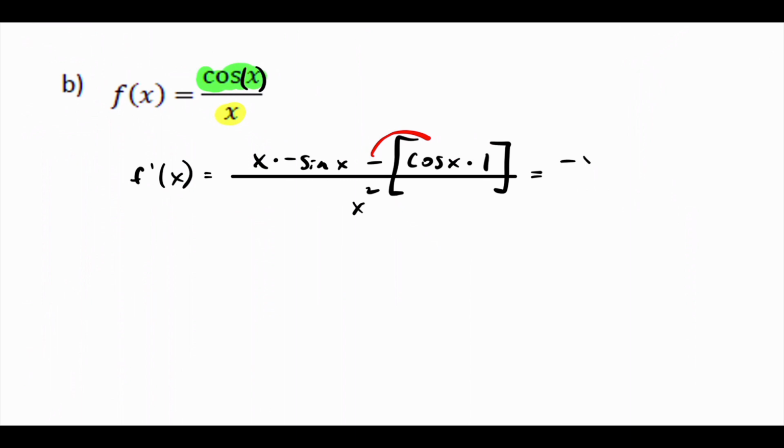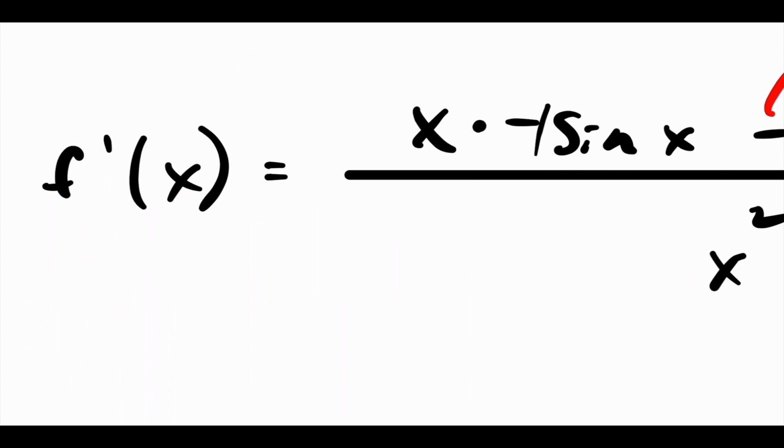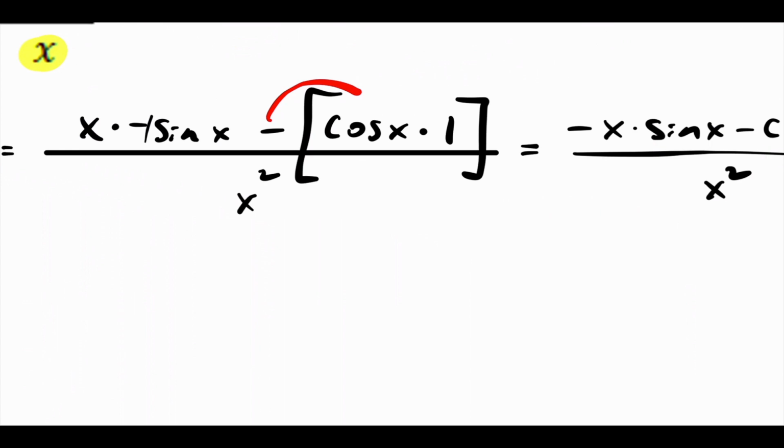So I get negative x times sine of x minus cosine of x over x squared. Again, on the top, there's no like terms. One is sine of x, one is cosine of x. This is a negative 1, so I just moved that negative 1 to the front because it's multiplication, so that the negative's in the front.